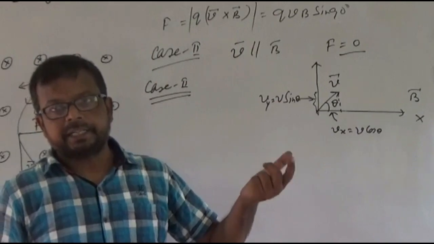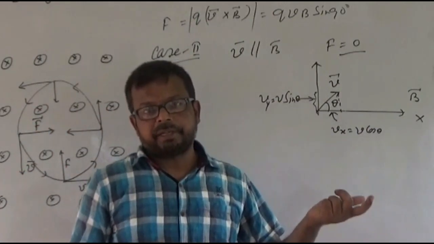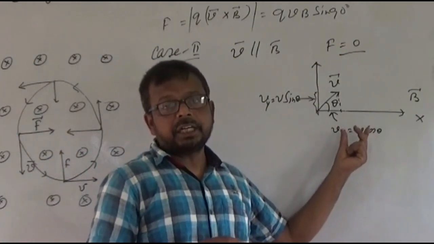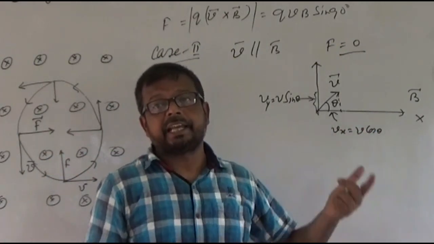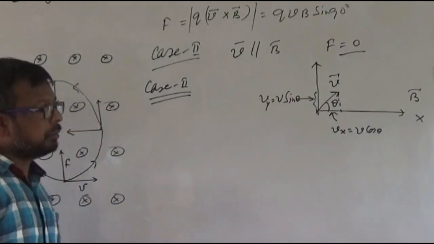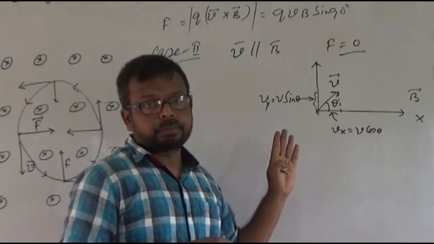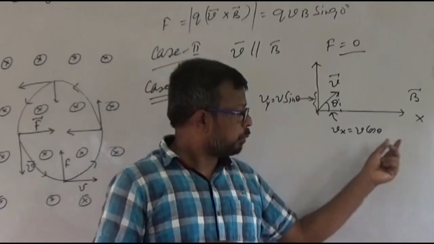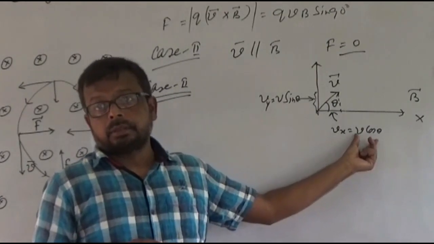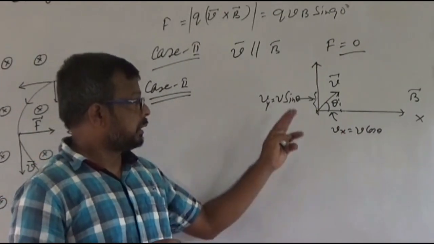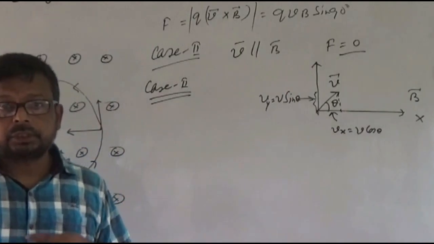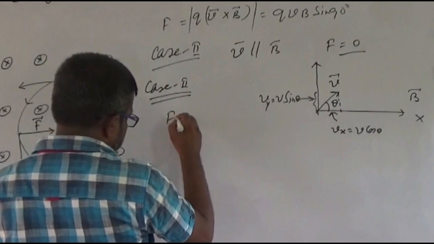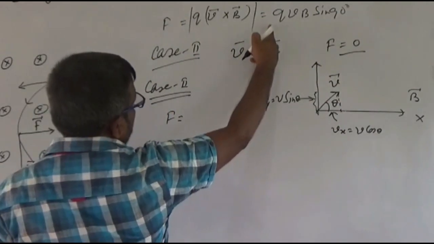Since a charged particle moving parallel or antiparallel to the magnetic field does not experience any force, due to this component the charged particle does not experience any force. Therefore, it will move along the direction of the magnetic field with this velocity. But due to this component, it will experience a force, and that force is, already we have written, qvB.